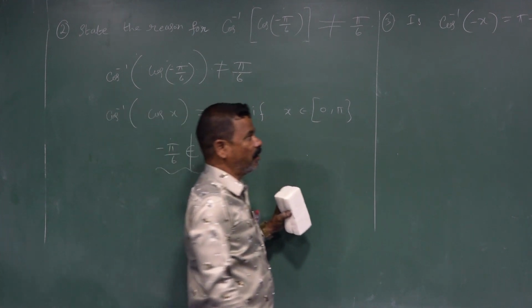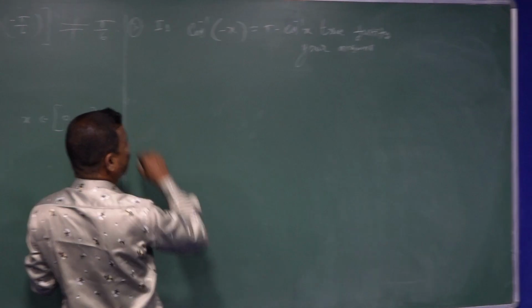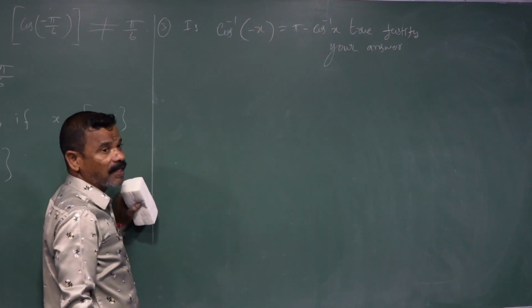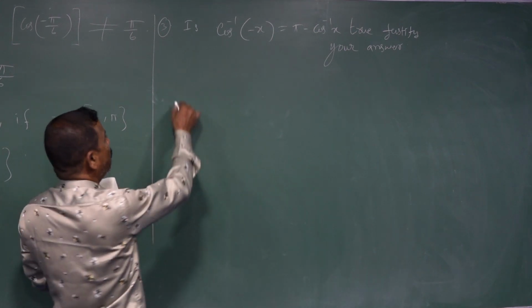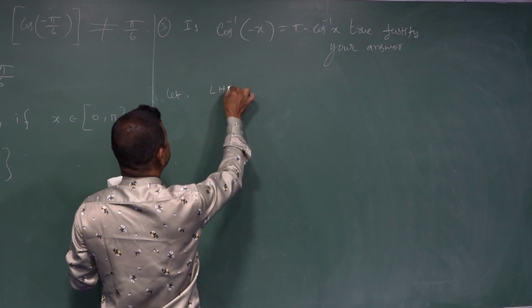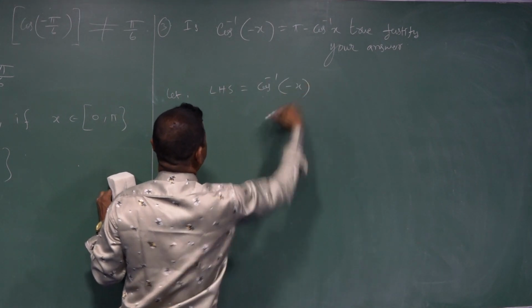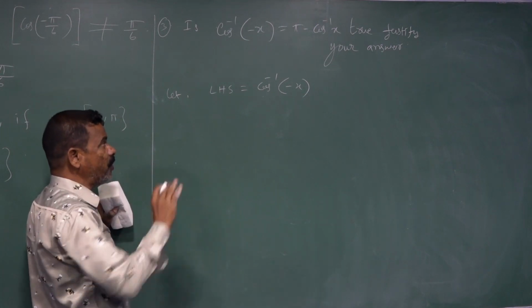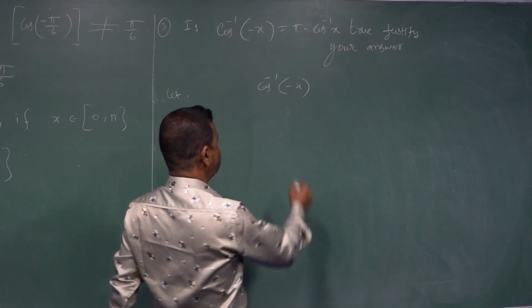After this, prove cos inverse of minus x is equal to π minus cos inverse x. How do we prove it? Let the LHS, cos inverse of minus x, be given. From this we derive the right side. So there is no need of the RHS.